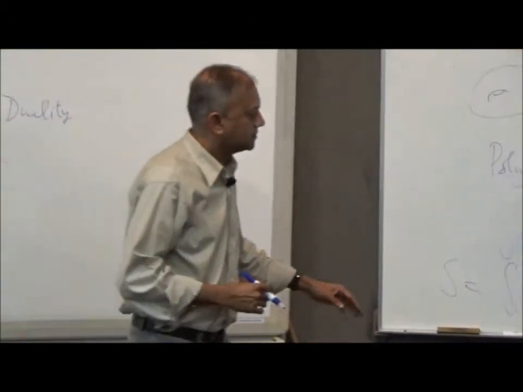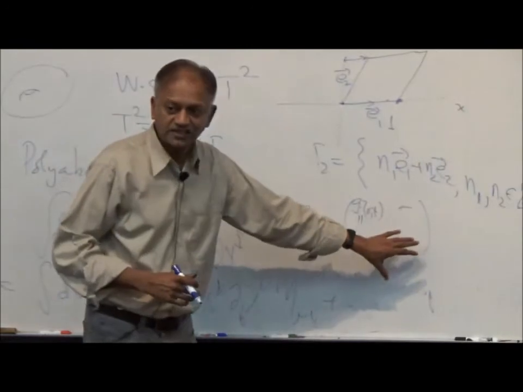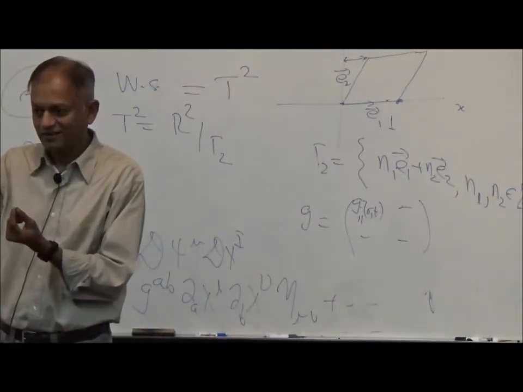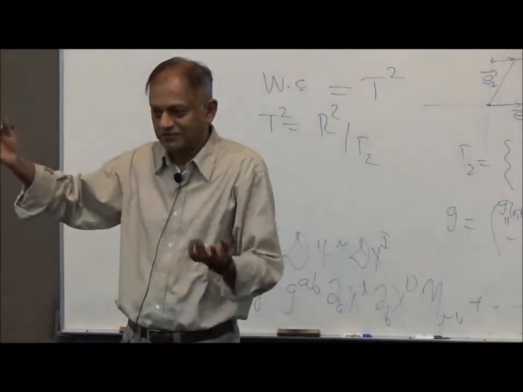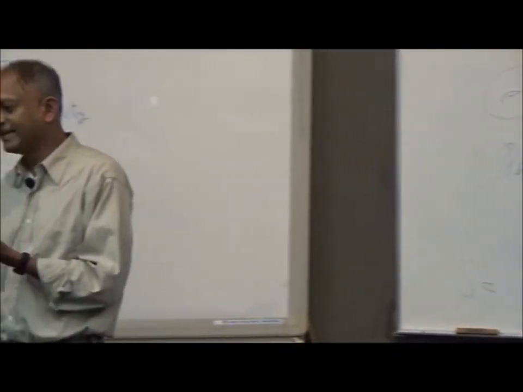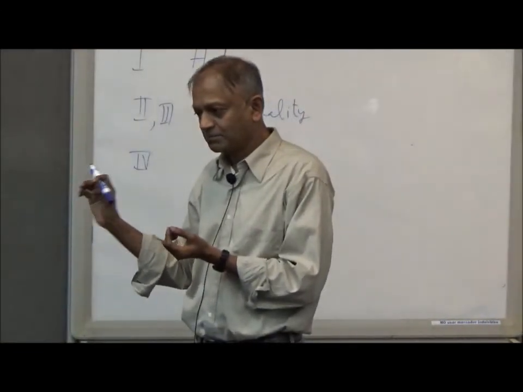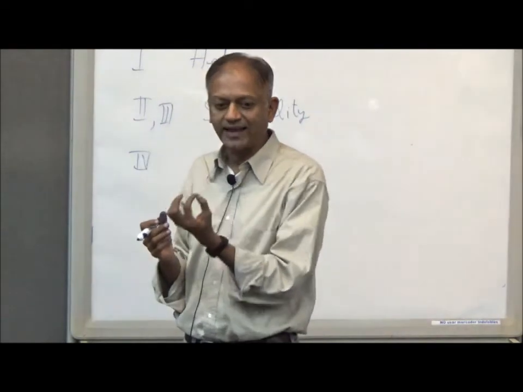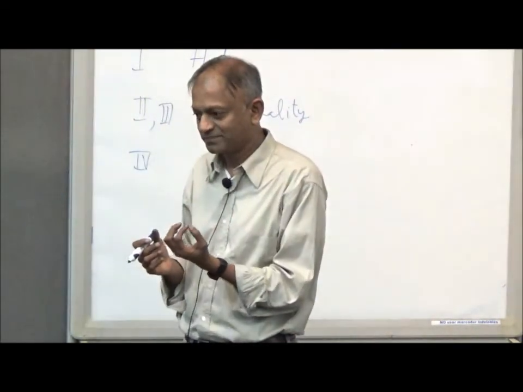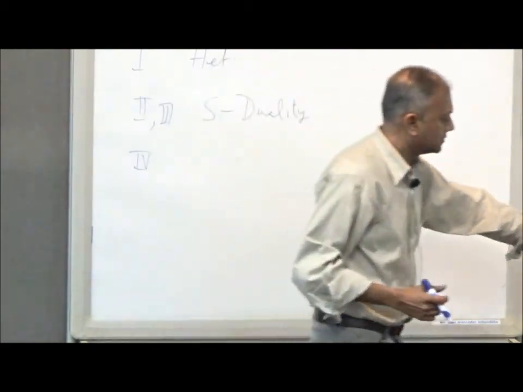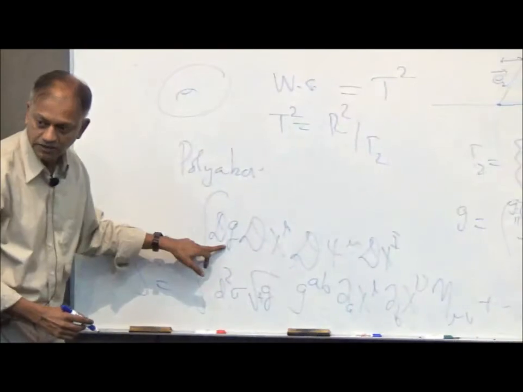Even though you have gotten rid of these 3 functions, a function is infinite dimensional, because it's a function of some variable. So you have removed 3 infinities worth of objects by using diffeomorphisms and Weyl. But sometimes it can happen that some finite number of degrees of freedom is still left over. You have this integral over the metric in the Polyakov formulation.